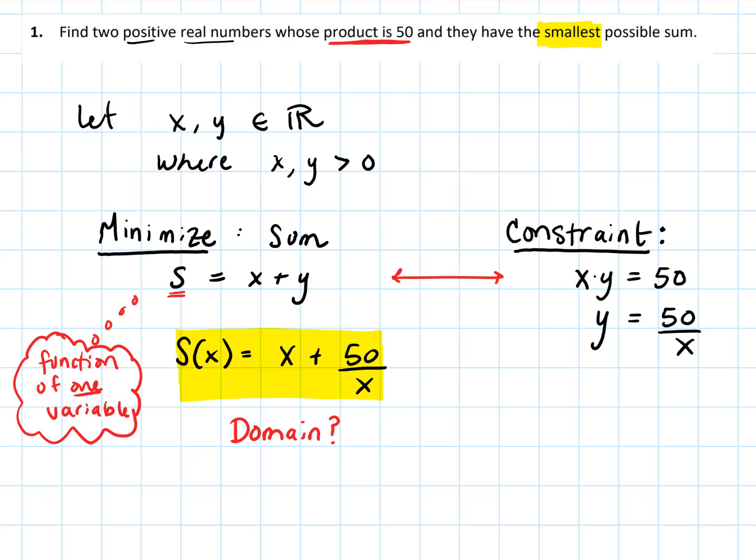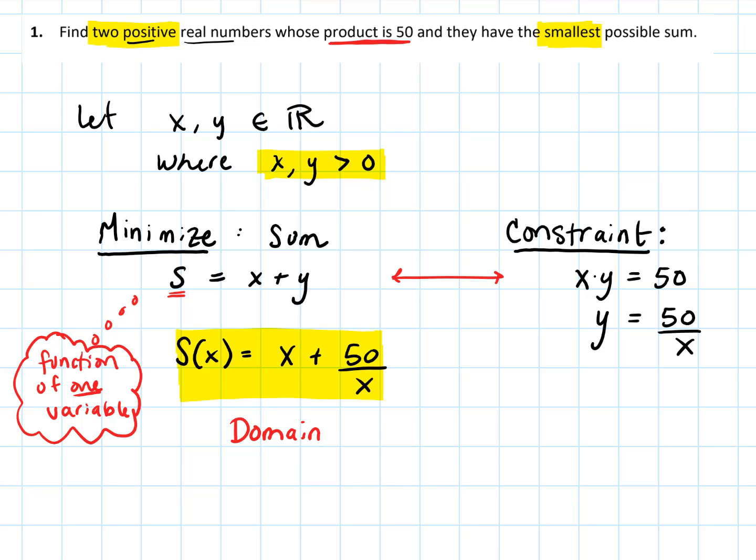For instance, if I came across just the function I have highlighted, the domain would be all reals except for 0, so from negative infinity to 0 and from 0 to infinity. That would be the domain of this function. But we also have to consider any restrictions that are given. And remember, at the beginning, we were told that we had two positive real numbers. So there's the function, but then there's also the context. Always remember that when you're coming up with the domain.